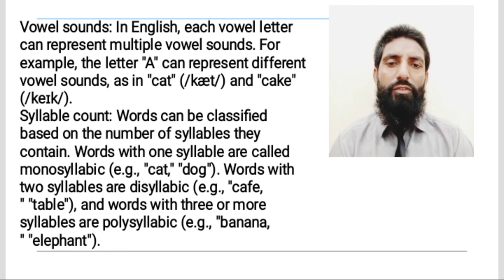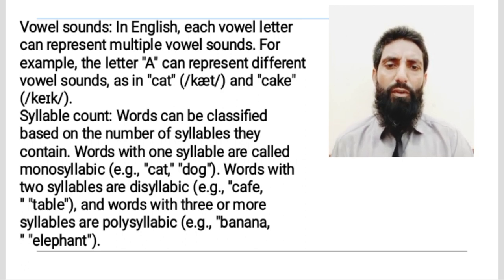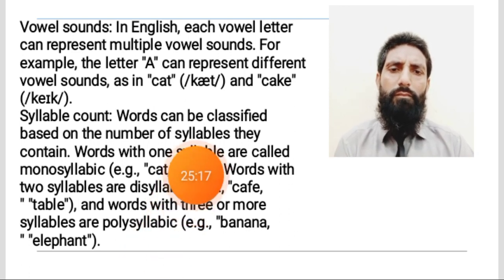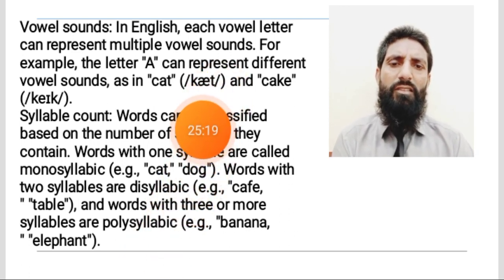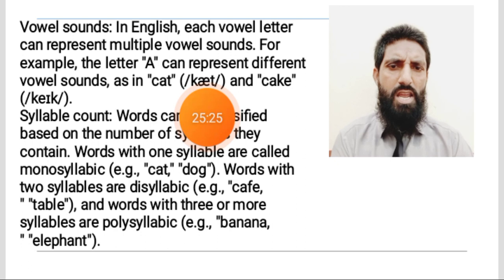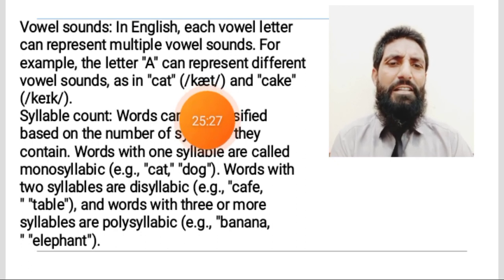Vowel sounds: in English, each vowel letter can represent multiple vowel sounds. For example, the letter A can represent different vowel sounds, as in cat and cake. In IPA, the sound in cat is pronounced like cat, /æ/.